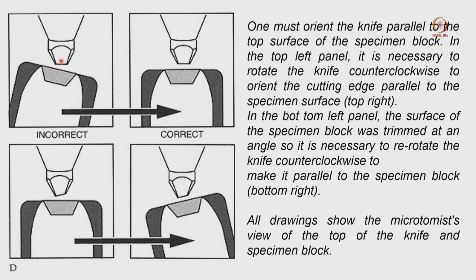As I mentioned, there are multiple buttons and handles that you can use to regulate the position of the knife, or tilt your sample or position your sample accordingly. Now, if your knife is tilted and you are trying to cut this sample, definitely it will not give you the best data.